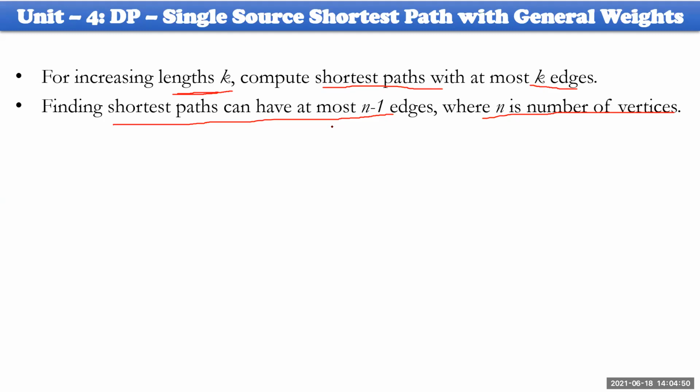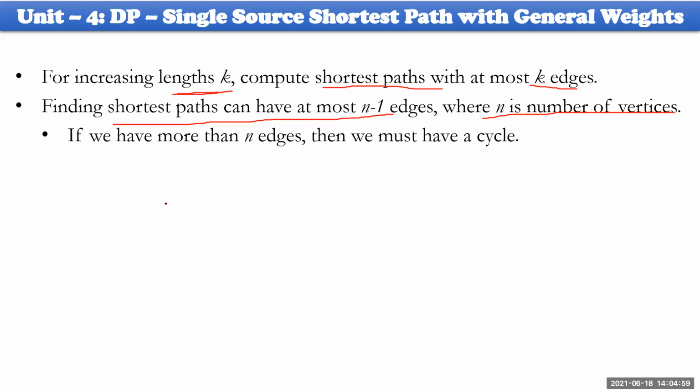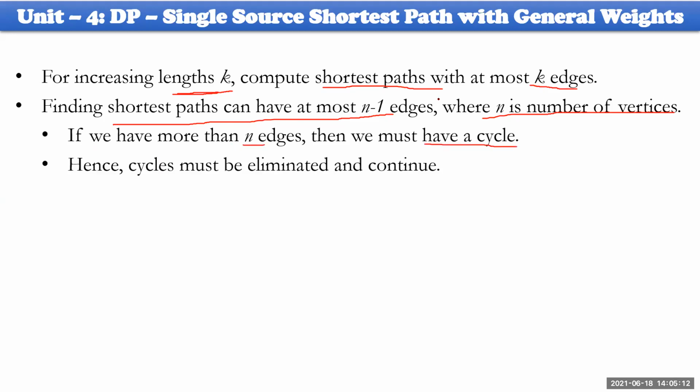But these are directed edges. It is a digraph, and the directed edges will be taken into consideration. If you have more than n edges in the problem, then obviously it has formed a cycle. Forming a cycle is not that important, but the weight of that cycle should not be negative.